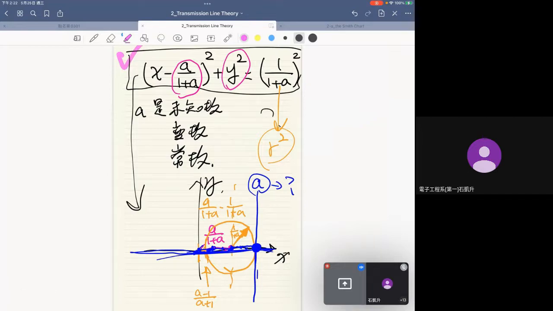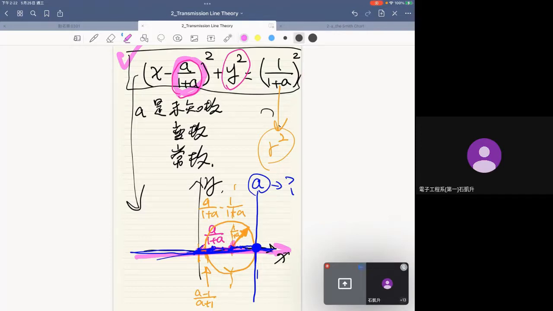And this is what we learned last week. This circle is shifted to a new position. The center of this circle is shifted on the x-axis to a position which is a over 1 plus a.